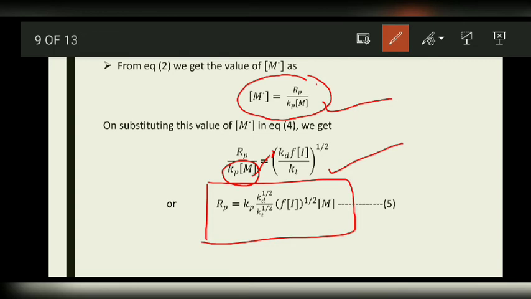Why did we do all these manipulations or rearrangements?